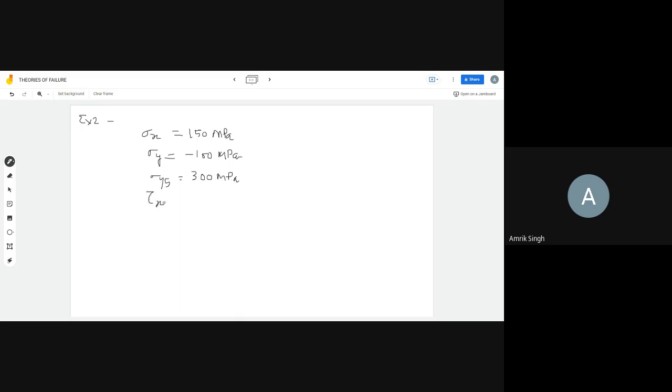So we have to calculate the Txy maximum safe value according to the Rankine theory and Guest theory. So Rankine theory is the maximum principal stress theory.